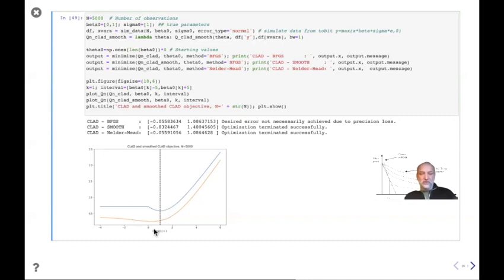It's still very well behaved in terms of its differentiability, but the minimum of this function is going to be different from the minimum of the function of interest. Okay, so we get smoothing bias, and you can also see here now the parameters are very different from what we found with Nelder-Mead.